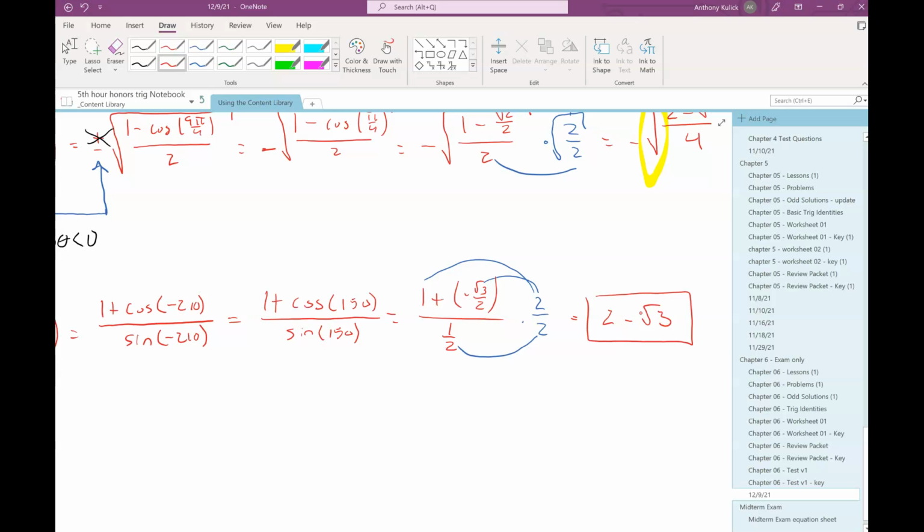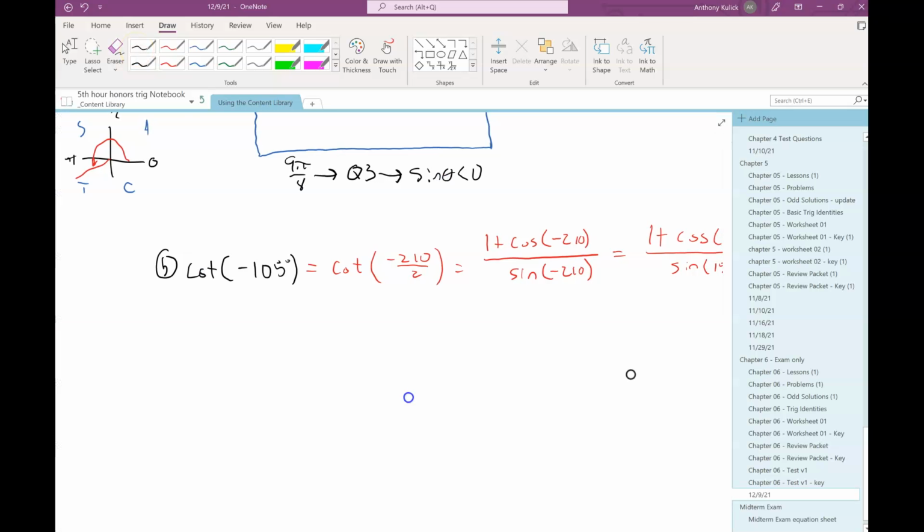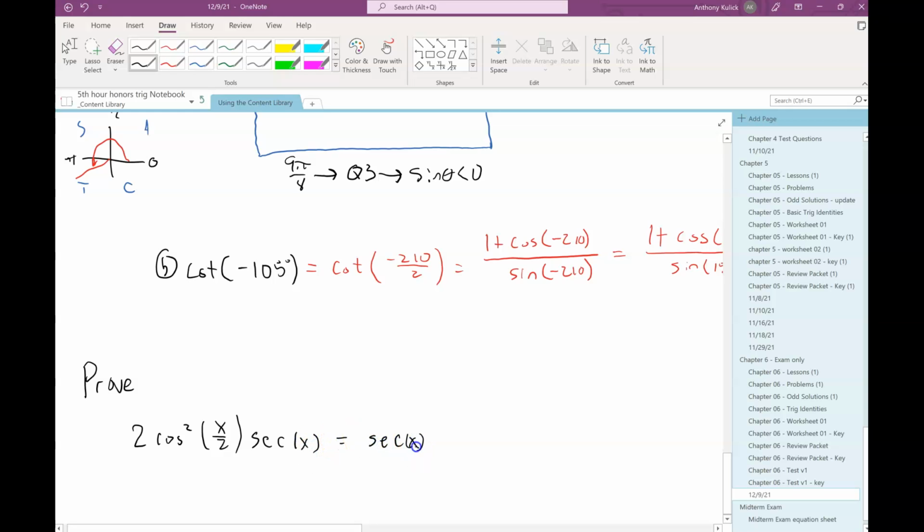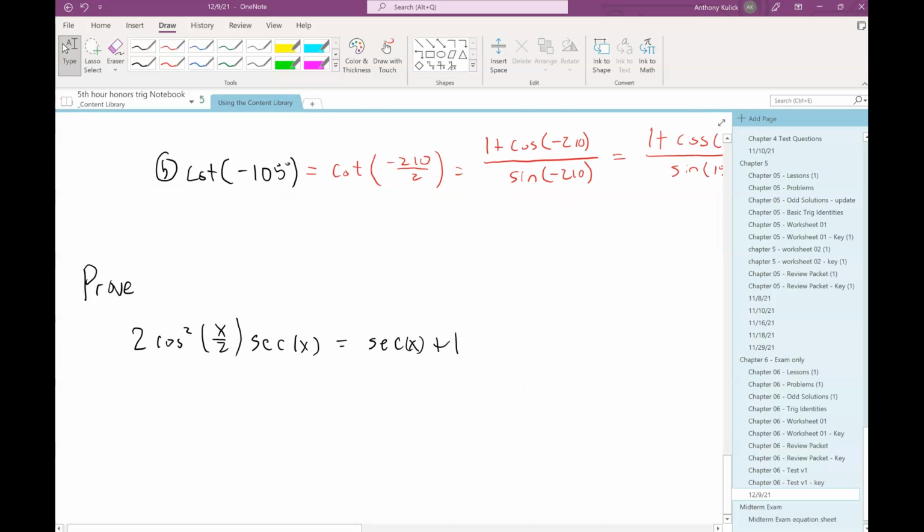Okay. Let's do a proof. So here, what catches my eye is the x over 2.